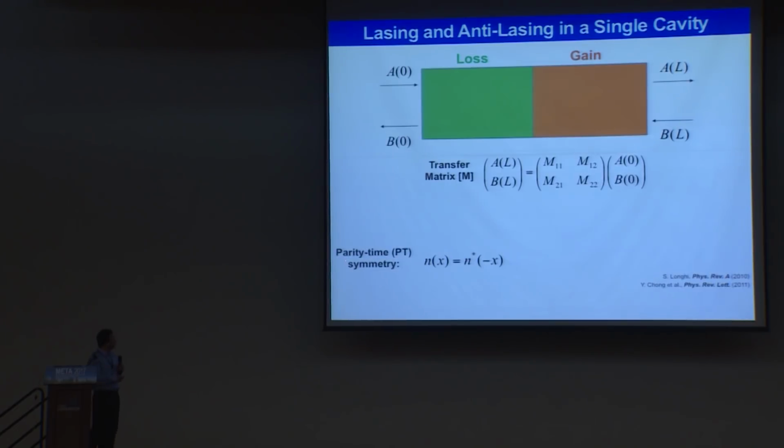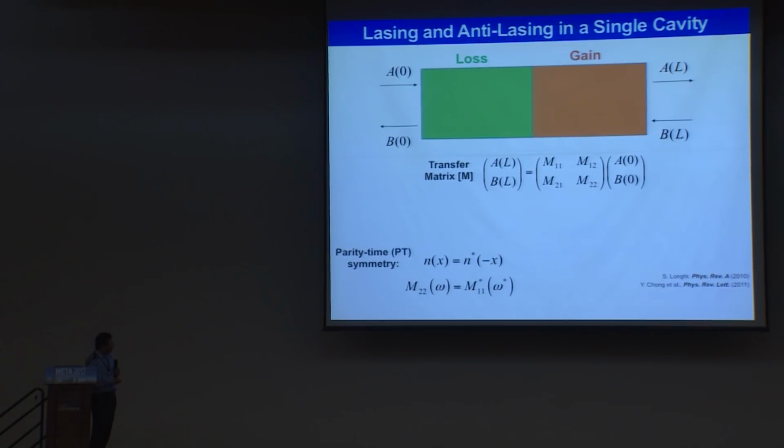Well, parity-time symmetry provides such a convenience, where when you design the index, the real part is symmetrical in terms of space, and the imaginary part is asymmetrical. That gives you, this is complex conjugate, essentially. I don't write the two equations here.